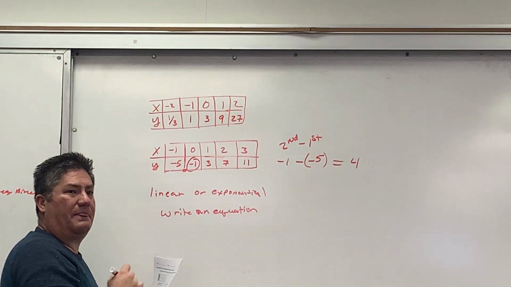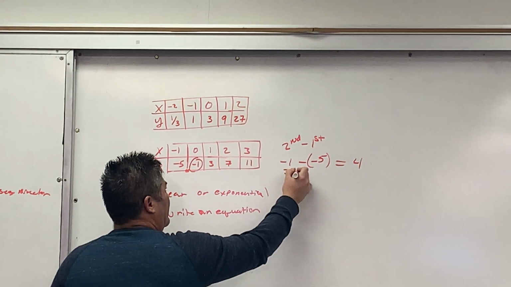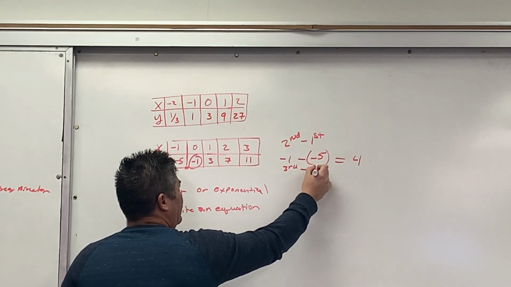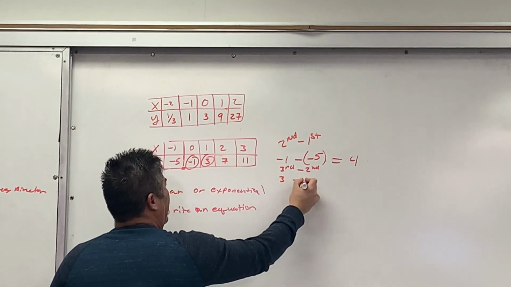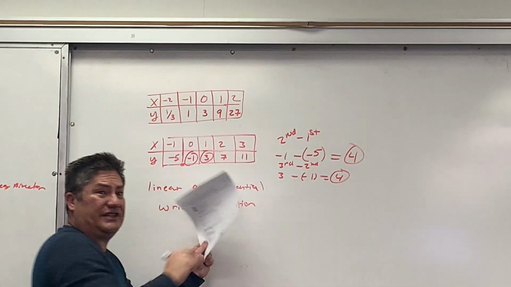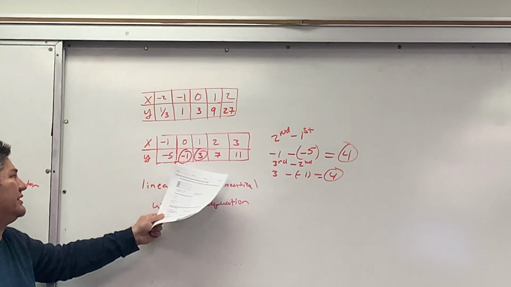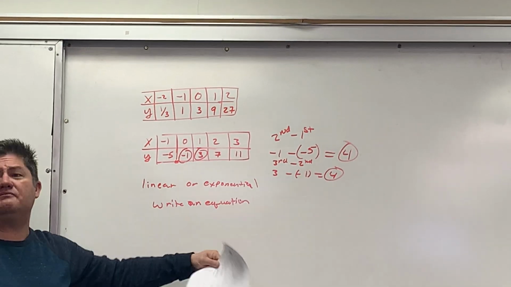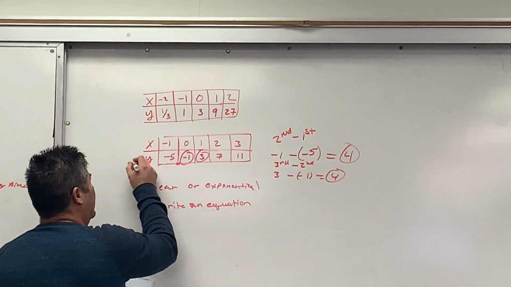Everybody agree with that? Now do the same thing with the third and the second. So I'm going to take 3 minus -1. What does that give you? If those are the same, you can pretty much tell it's going to follow that pattern. You can kind of say, am I adding 4 every time? Yes. So this is a linear equation for sure.